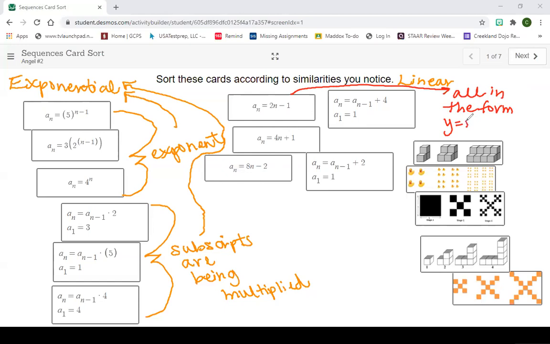So y equals mx plus b, right? Do you guys see that? Because the n is the x, so mx plus b. So they look like linear equations. Are there exponents? No. What about these? I have subscripts. Yeah, the recursive part, the subscripts are doing what?